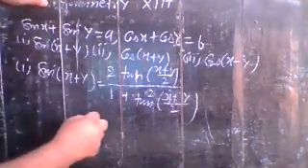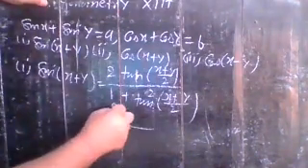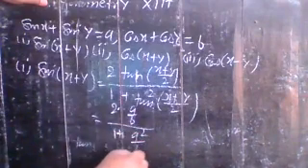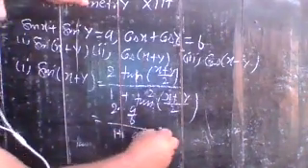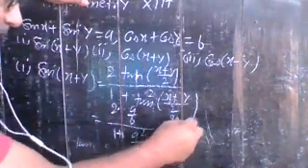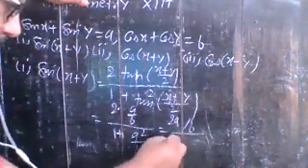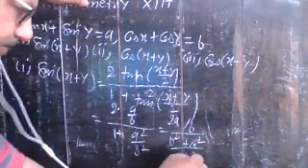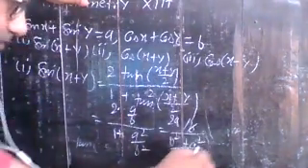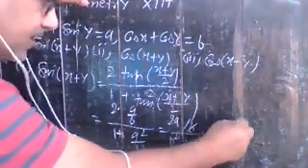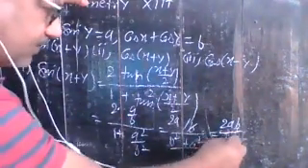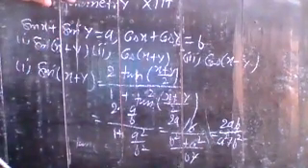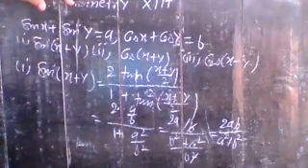Putting its value, 2 times a upon b, over 1 plus a square upon b square. Simplifying, that is 2a upon b square plus a square upon b square. So one power of b is cancelled out, and you have 2ab upon a square plus b square. So the value of sin(x+y) is 2ab upon a square plus b square.